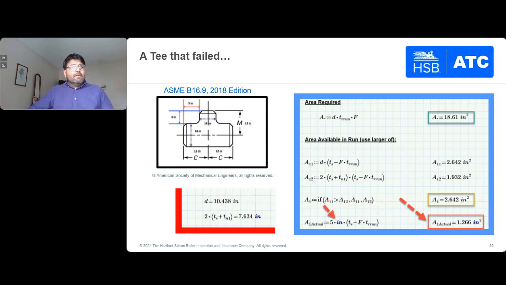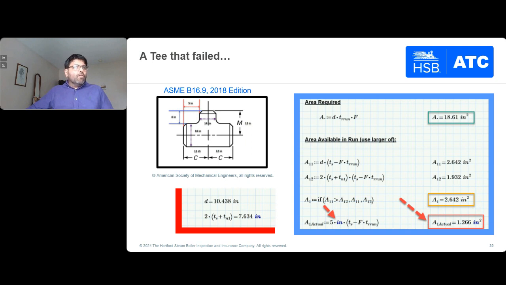And then I have 2 sets of equations to calculate the available area that I can get from the shell. But in reality, these equations have assumed that I would have a certain reinforcement limit. But in reality, the T supplied in accordance with B16.9 has these dimensional requirements.